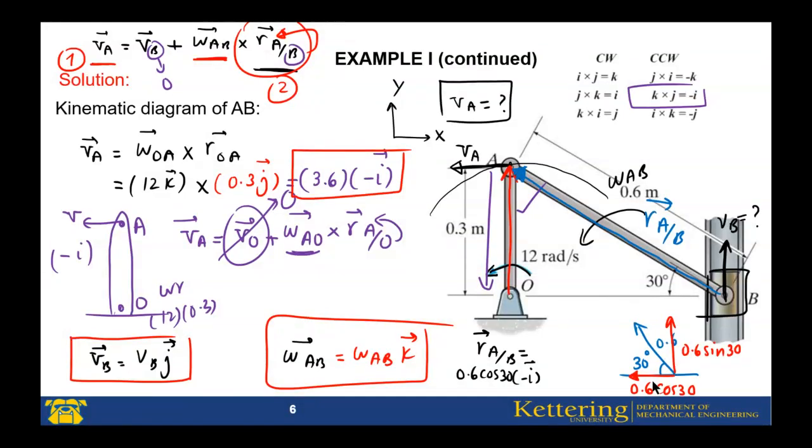This is the opposite direction, so it is minus i. Also, this is along the j, just 0.6 sine 30. Easy. Now I found the vectors.